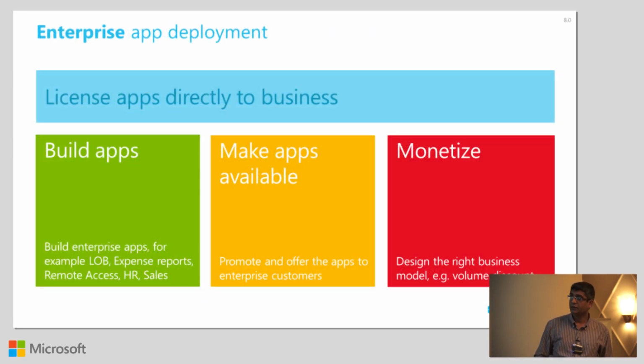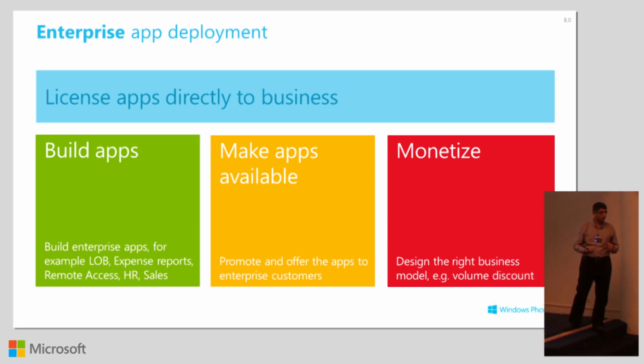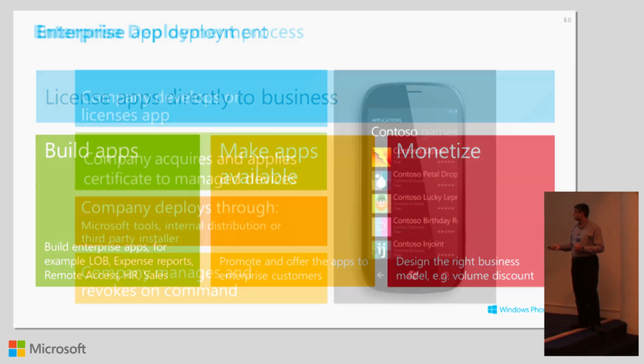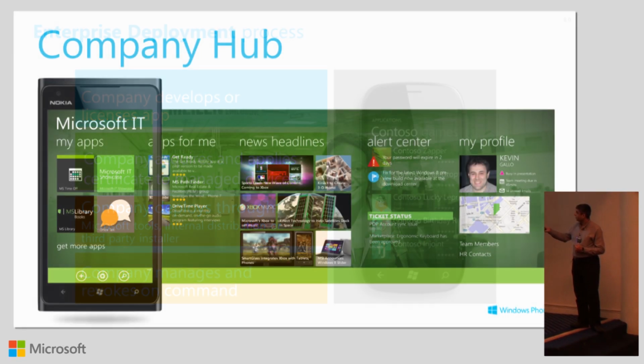We also have enterprise application deployment capabilities. So you can build enterprise applications. You can actually build a company hub where you can put all your applications together, and your employees can go to the hub and start downloading the applications. So for example, here we have a Contoso application, right?